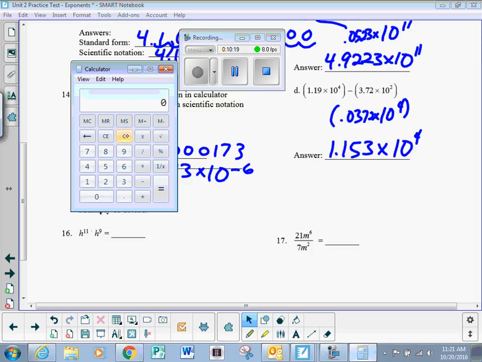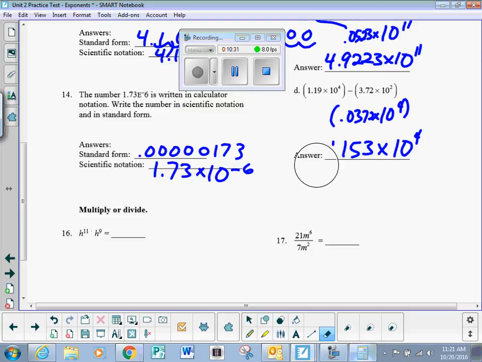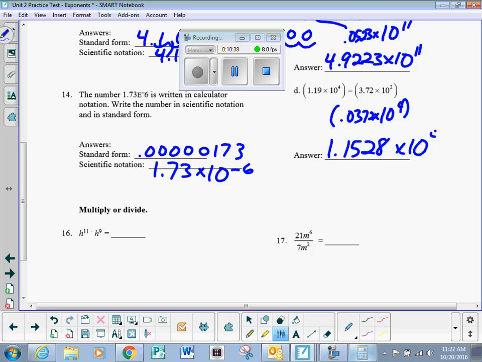Okay, let's try this again. 1.19, maybe I typed it in wrong, minus 0.0372. Yeah, I got 1. Oh, that's weird. Okay, so what was it again? 1.1528 times 7. Okay, thanks.